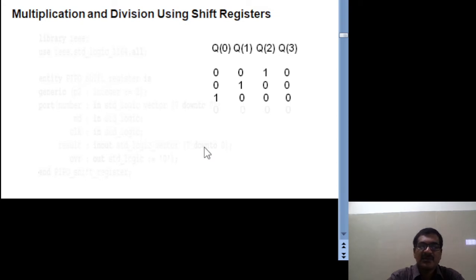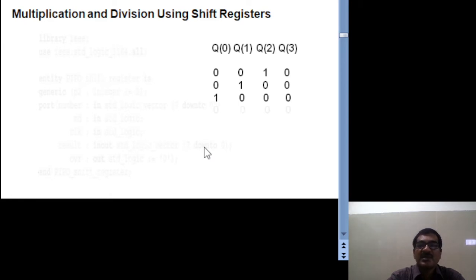Previously it was 4, and because of 1 bit shifting, the result is now 8, which is 2 times 4. So by 1 bit shifting towards the left hand side direction, you get a multiplication operation by 2.